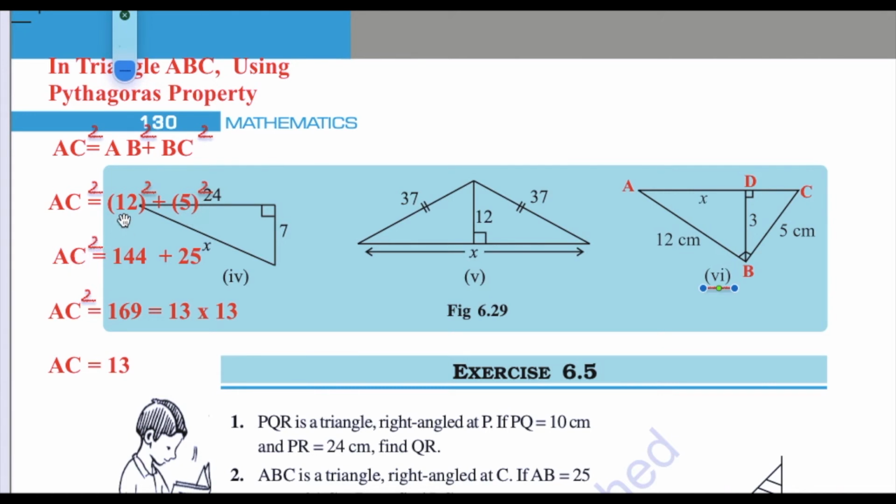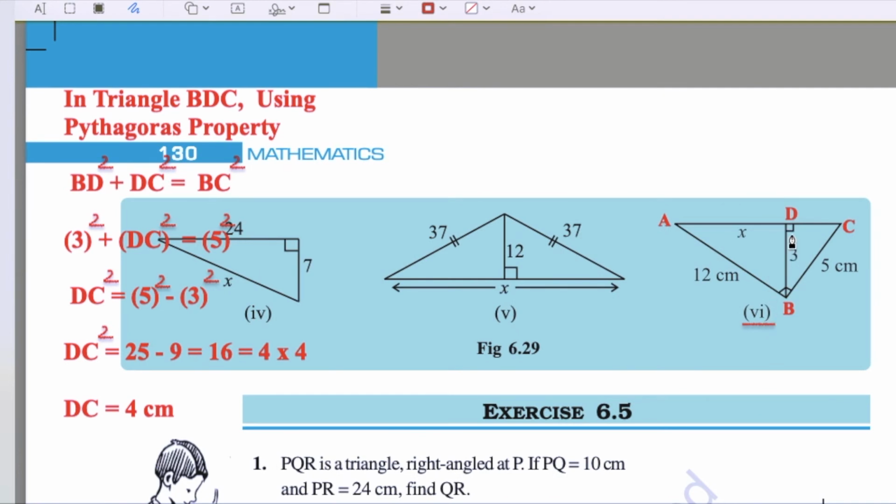So AC square would be equal to 12 into 12, 144, plus 5 into 5, 25. So 144 plus 25 is equal to 169, which means 13 into 13. So AC is equal to 13 centimeter.